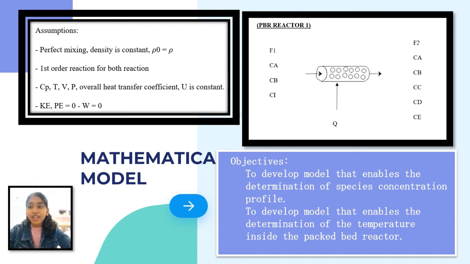And so the assumptions we have clearly stated, where we have perfect mixing, first order reaction for both reactions, and the overall heat transfer coefficient, the kinetic energy and potential energy all equal to 0. The objectives would be to develop a model that enables the determination of the species concentration profile, and also to develop a model that enables the determination of the temperature inside the packed bed reactor.